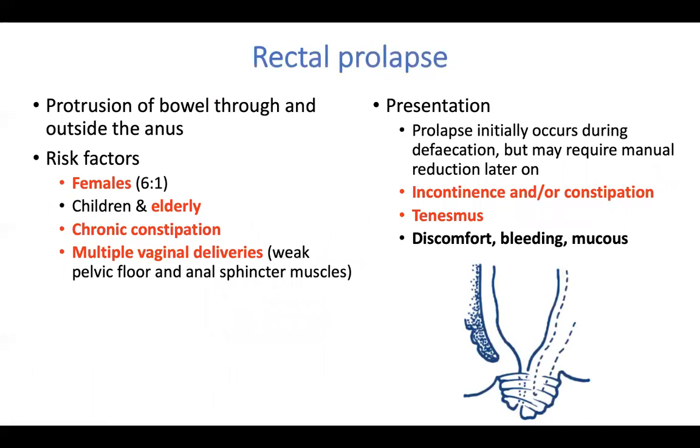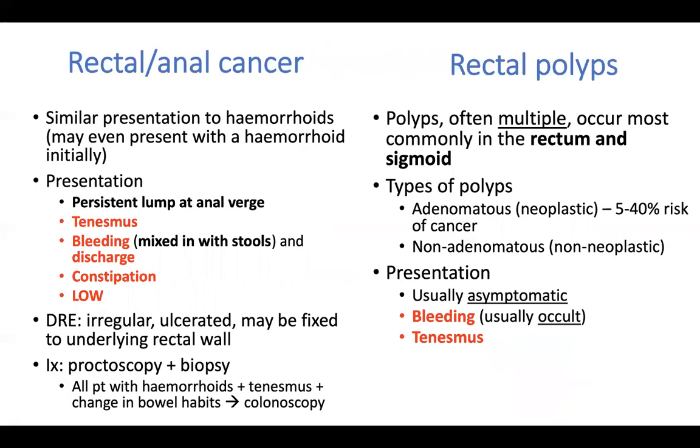So rectal prolapse. The main thing with this is that if they're elderly, female, and they have constipation, then their rectum might come out like that. And they get incontinence and or constipation and tenesmus because their rectum is there. Cancer.